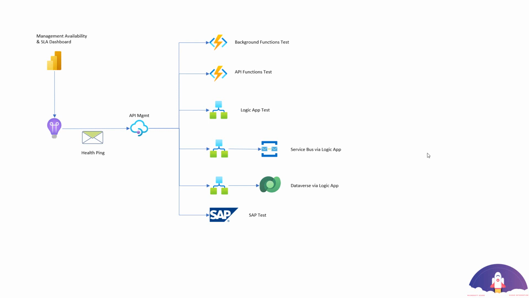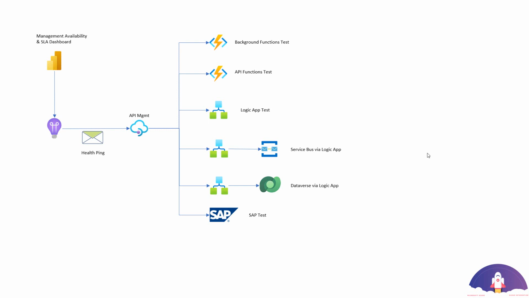So commonly in my functions, you might build a little hello world type function that just returns a response so you know it's alive. So that would be one test. We can check our functions are around. We can execute a consumption logic app, just to help one maybe, and know logic app consumptions should be working. We can also have APIM ping service bus via a logic app, or I guess you could even do it inside the APIM policy if you wanted.